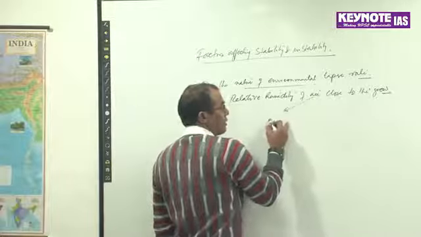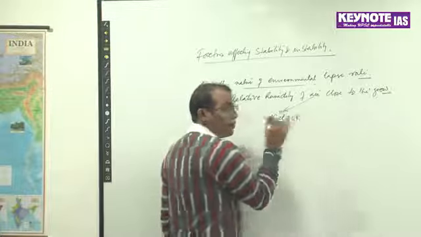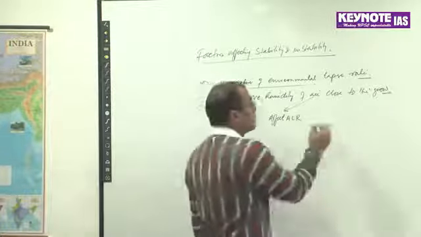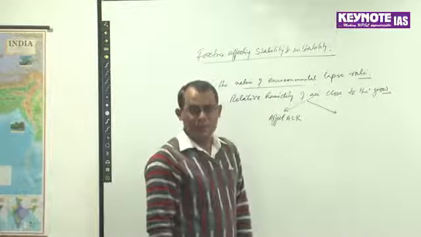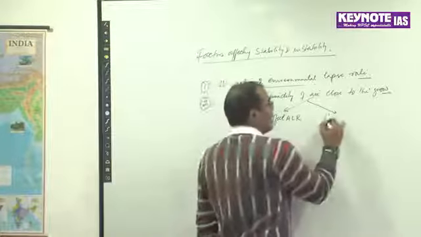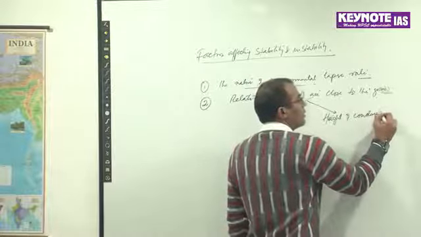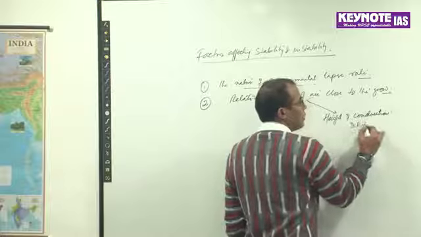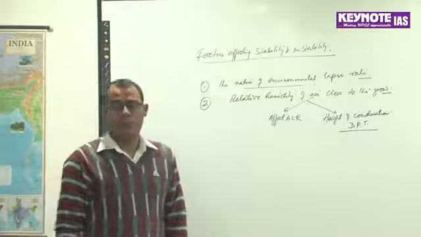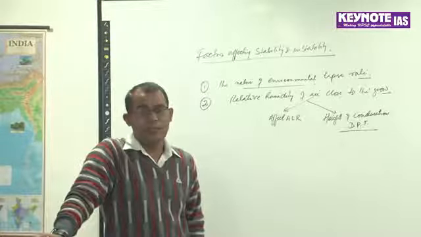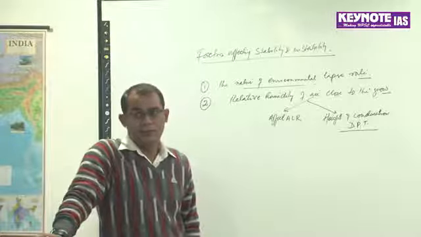Because it will affect the adiabatic lapse rate, plus it will determine the height of condensation, that is the dew point temperature. Hope we are reaching there. नहीं समझ रहे हैं हम लोग?